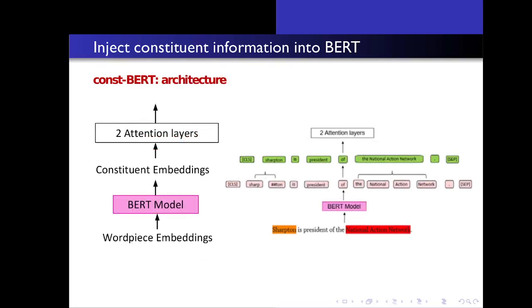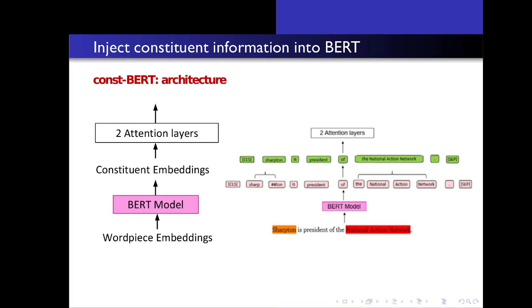The whole architecture is simple. Between the pre-trained BERT model and the linear layer that we use in a standard fine-tuned network, we add two attention layers. At the output of pre-trained BERT, we get contextualized word piece embeddings, and we combine the embeddings of word pieces that belong to the same constituent to get the constituent embeddings.